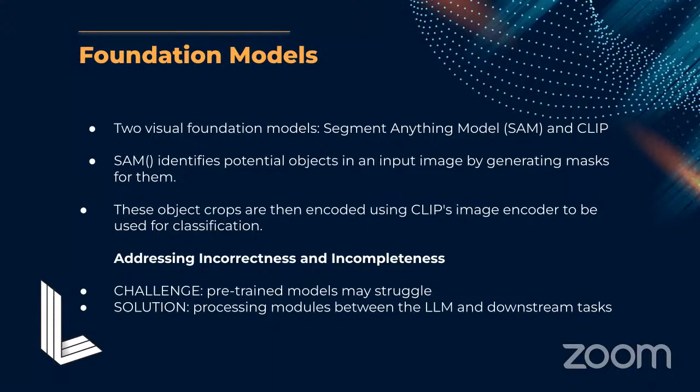However, unlike the previous approaches, Instruct2Act generates decision-making actions with the help of LLMs that help reduce the error rate by accurately locating and classifying objects in the environment. And the solution is to not fine-tune the existing models, but rather insert processing modules between the LLM and the downstream tasks.